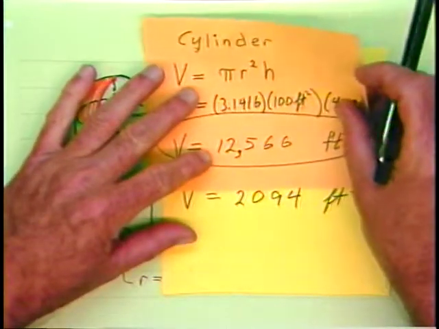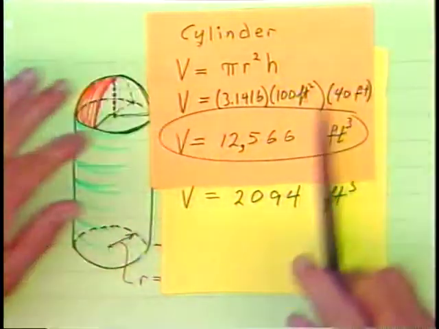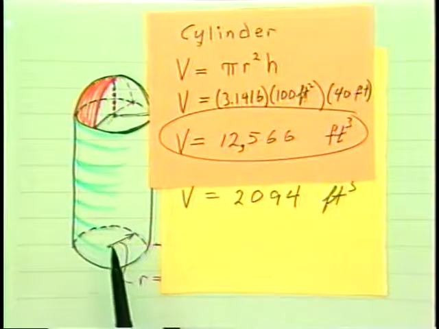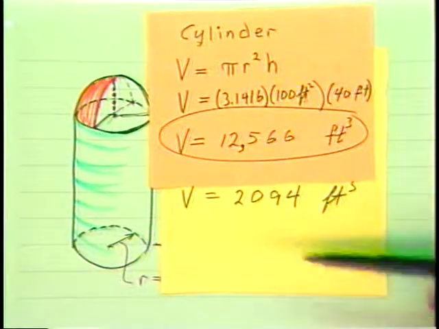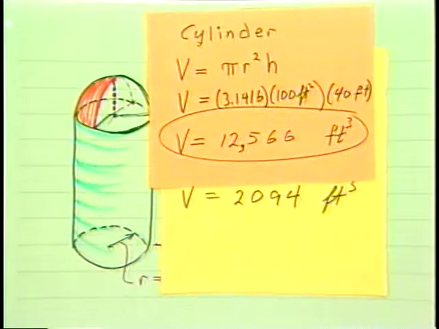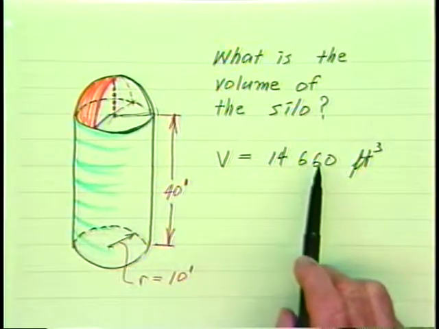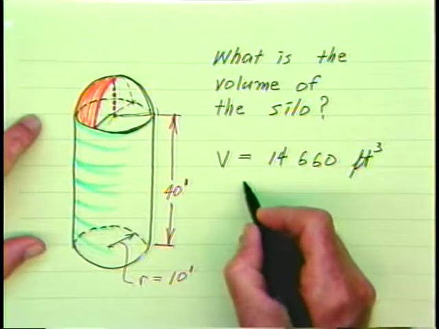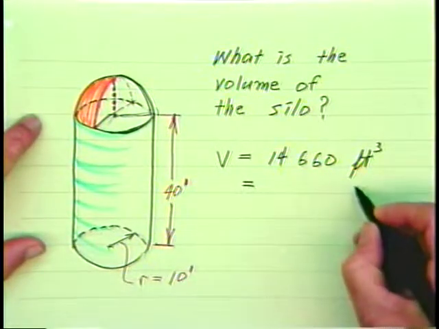Putting that together with the volume of my lower portion, the cylinder, adding those two, we would get the total volume of the whole structure, which would be 14,660 cubic feet.